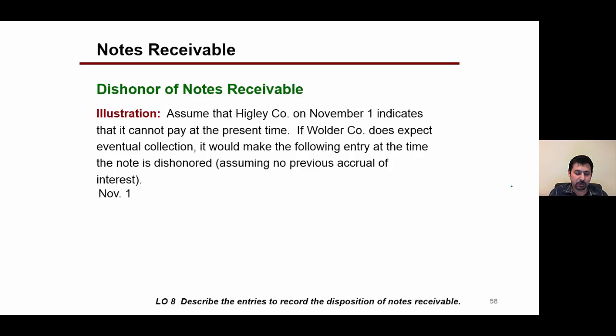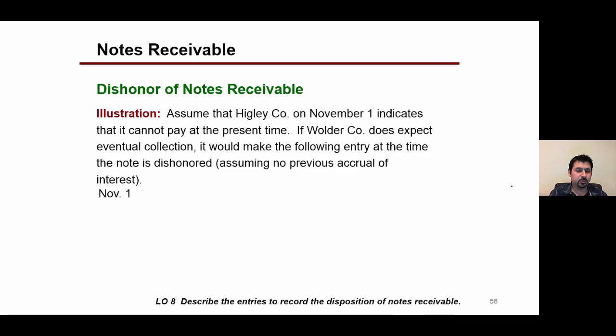Assume that Higley Company on November 1st indicates that it cannot pay at the present time. If Walder Company does expect eventual collection, let's say that Higley told them, okay, I will pay you in a few months, it would make the following entry at the time the note is dishonored. And this is assuming there was no previous accrual of interest.